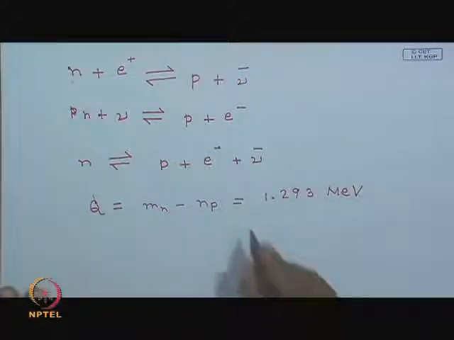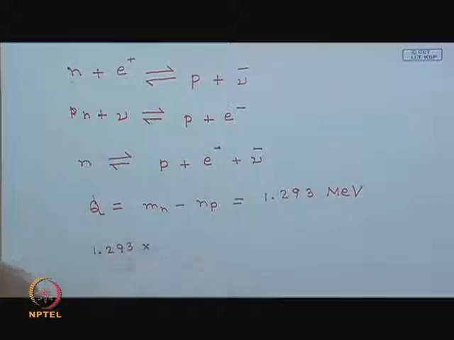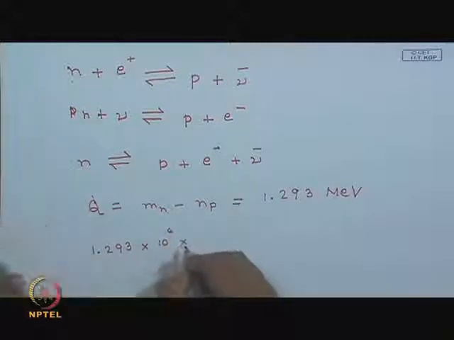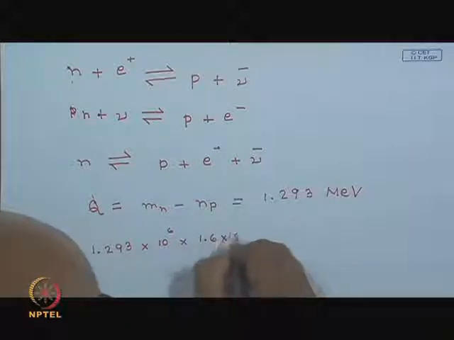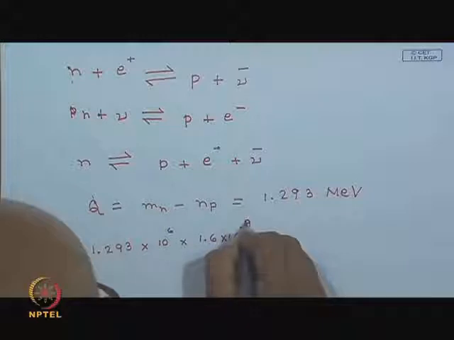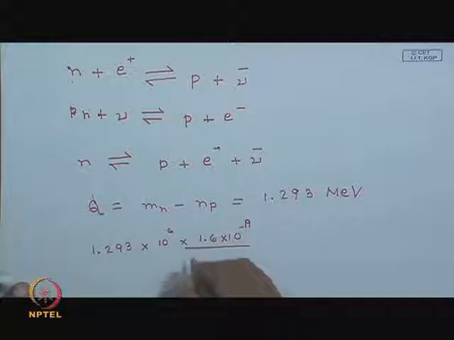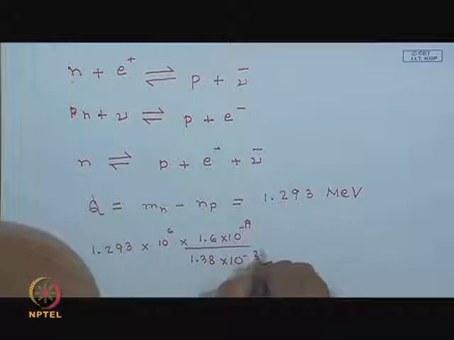It is also useful to write this in terms of a temperature. So, what we can do is 1.293 in MeV, times 10 to the power 6, times the charge of the electron, 1.6 times 10 to the power minus 19, divided by the Boltzmann constant, 1.38 times 10 to the power minus 23.